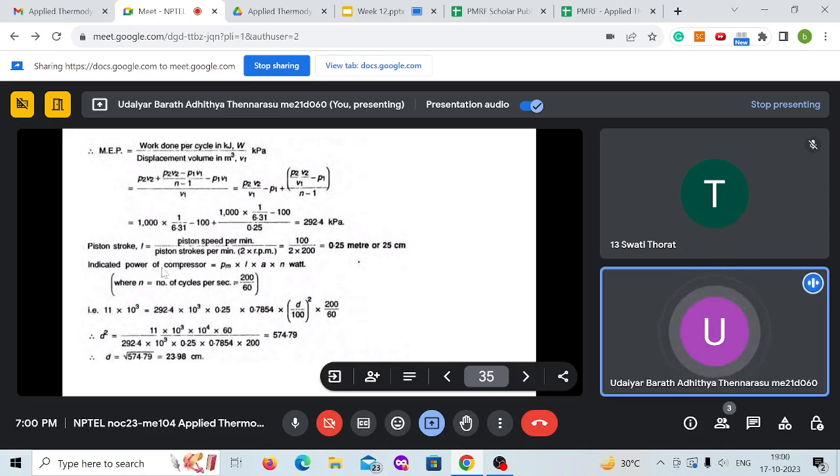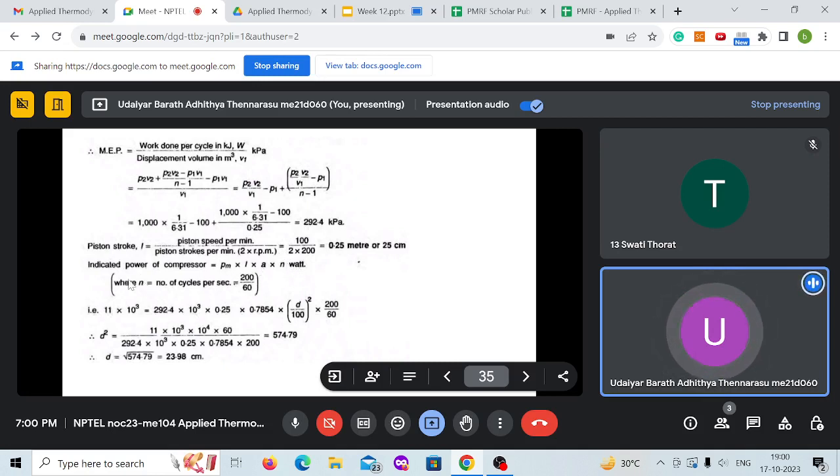Now next is indicated power. Indicated power is mean effective pressure into stroke length into area of the cylinder into number of rotations, n.